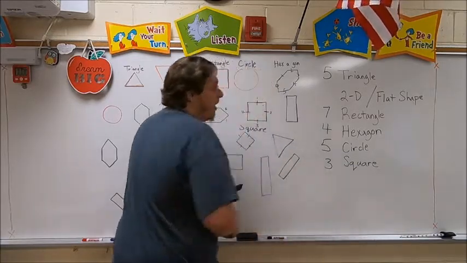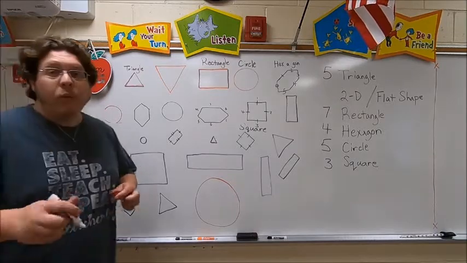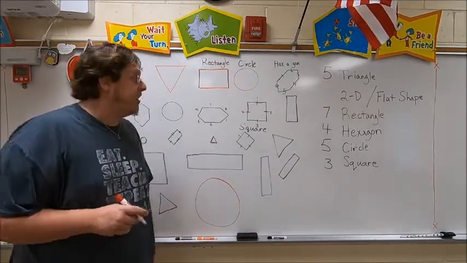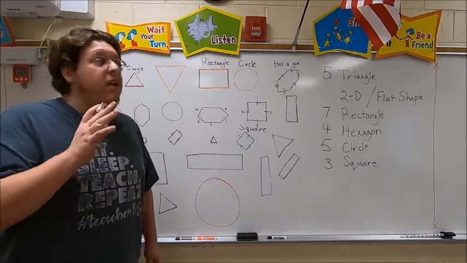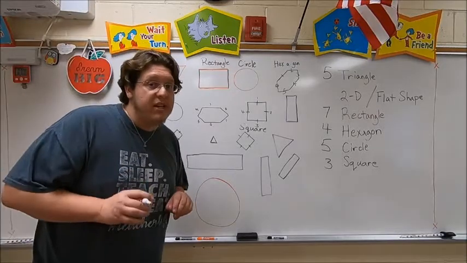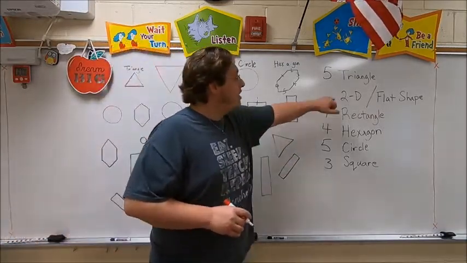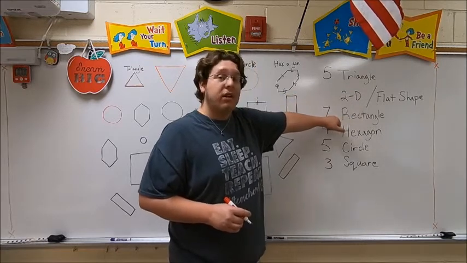So, now the big question, and I want you to put this in your Seesaw activity. I want you to tell me how many of the flat shapes, 2-dimensional shapes. Remember, is a triangle a 2D shape? Is a rectangle a 2D shape?